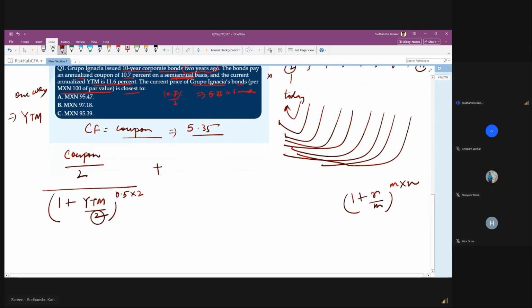And the last one will be my face value. There also I have to do the same thing: 1 plus YTM divided by 2, raised to 8 into 2.